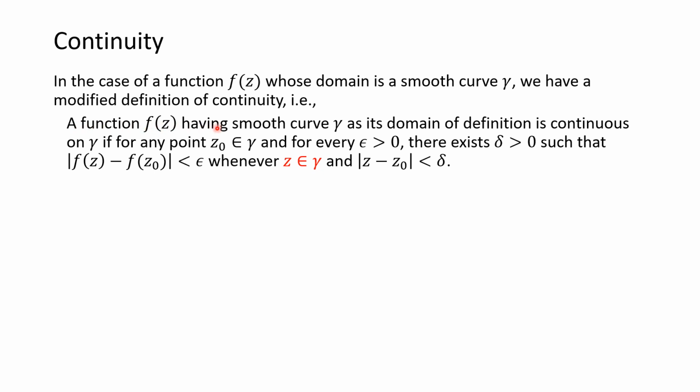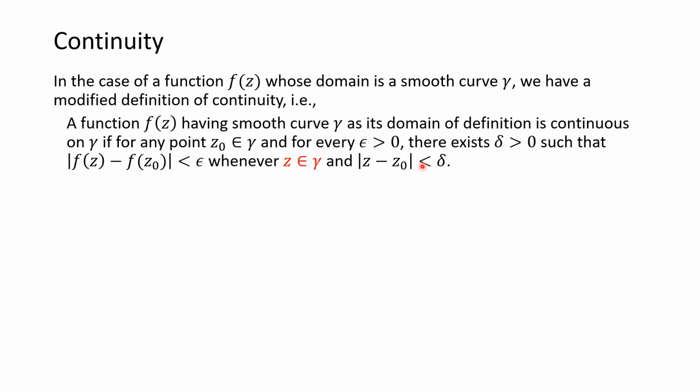A function f of z having a smooth curve gamma as its domain of definition is continuous on gamma if for any point z sub 0 on gamma and for every epsilon greater than 0 there exists a delta greater than 0 such that the absolute value of f of z minus f of z sub 0 is less than epsilon whenever z is an element of gamma, in other words, whenever z is on gamma, and the absolute value of z minus z sub 0 is less than delta.